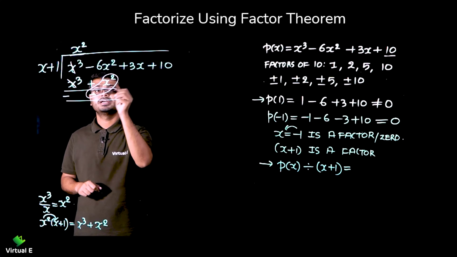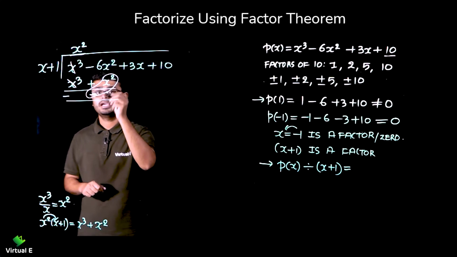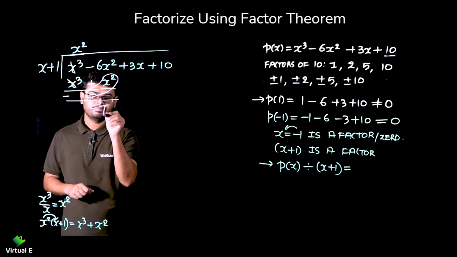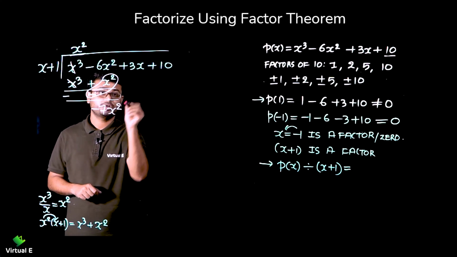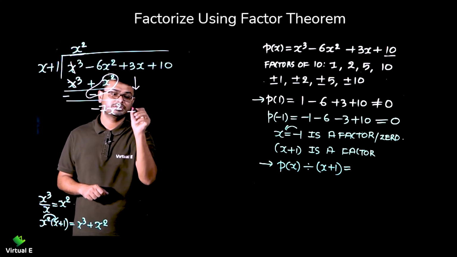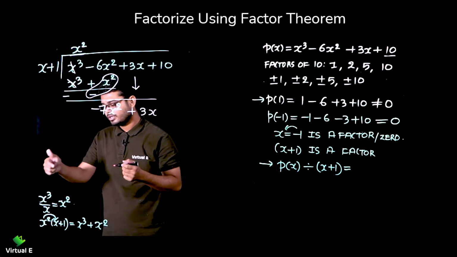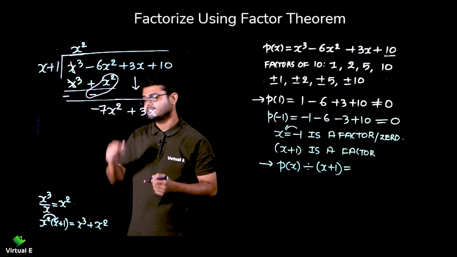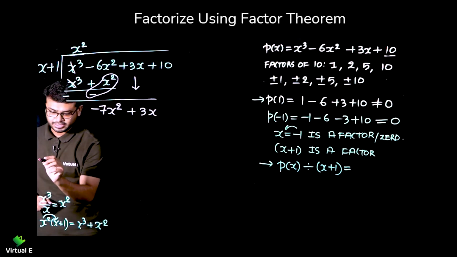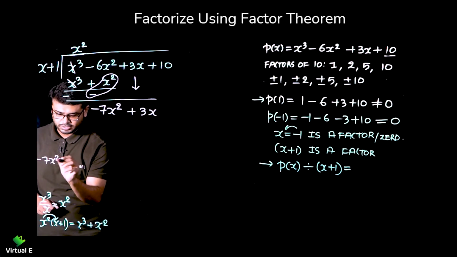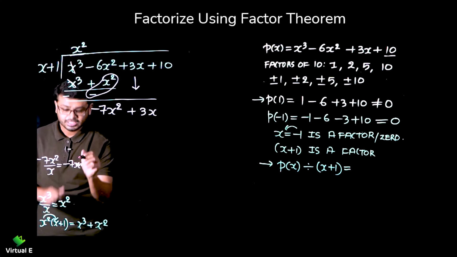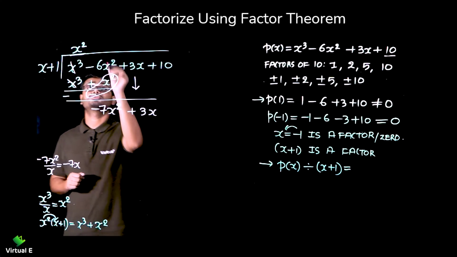So minus 6x square and minus x square make minus 7x square. Let's bring down plus 3x. Now again we repeat the step. Minus 7x square divided by x is minus 7x. Where will we write this? In the quotient.